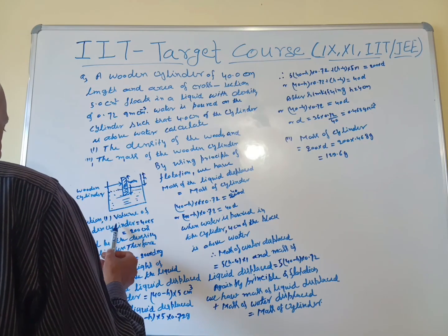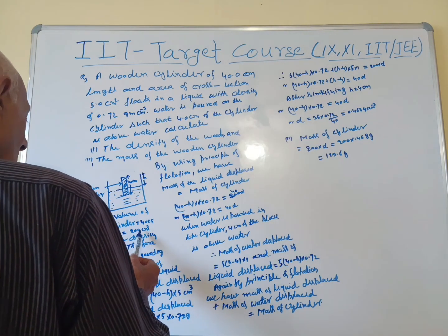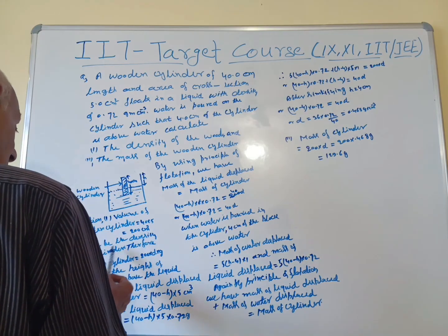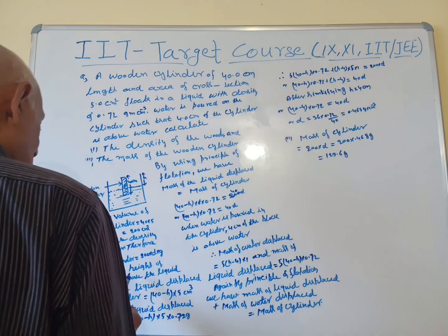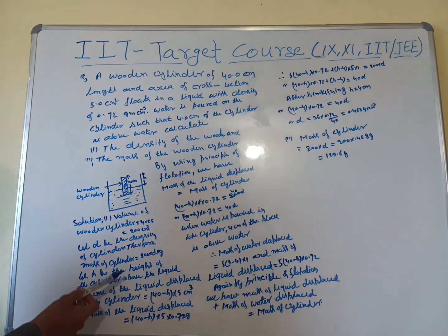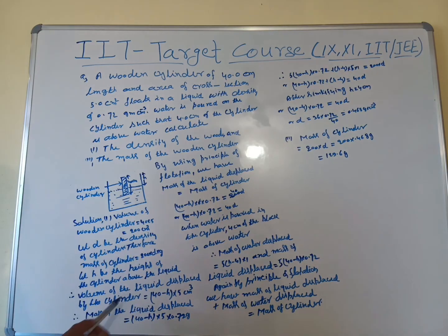Solution. Volume of wooden cylinder equals 200 cubic centimeter. Let D be the density of the cylinder. Therefore, mass of cylinder equals 200 into D into G. Let h be the height of the cylinder above the liquid.